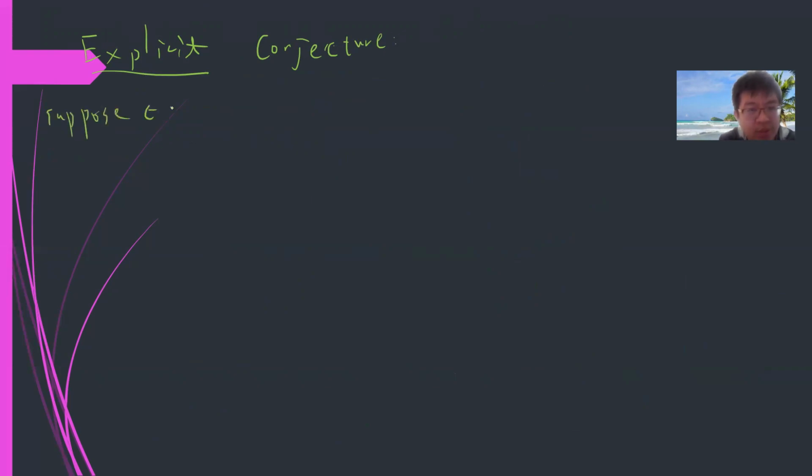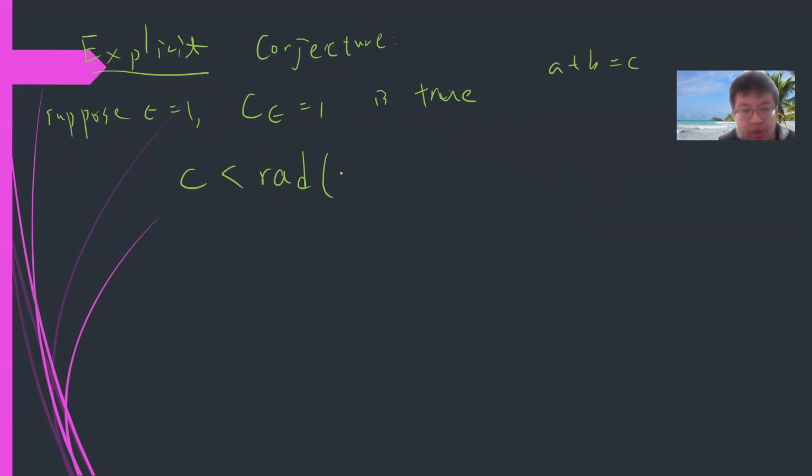Sometimes if you assume the explicit ABC conjecture, you can get something really amazing. For example, suppose the conjecture with epsilon equals 1 is true. That means for any pair A plus B equals C, C is always less than the radical of ABC squared.